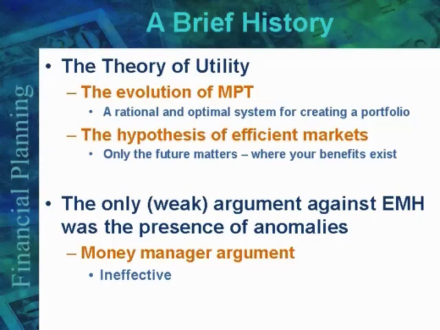And for the longest of times, money managers and people who manage money at mutual funds and insurance companies and so on, the only argument they could sort of provide against efficient markets, that you really couldn't predict the market, that's the underlying basis of efficient markets, is that, well, if you can't predict the market, how do you explain anomalies?